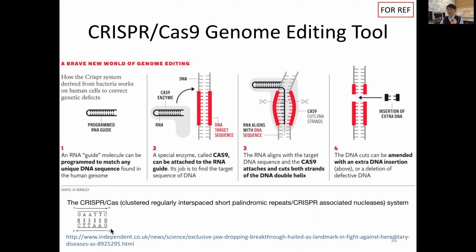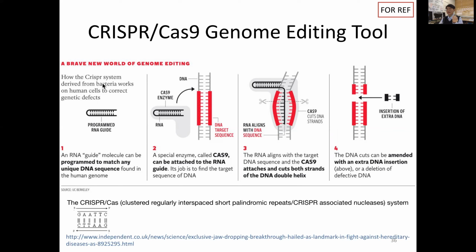As an example of palindromic, one side reads GAATTC from the 5 prime, and on the other side GAATTC reads the same. And Cas9 is a CRISPR-associated nuclease. A nuclease is an enzyme that cleaves the chains of nucleotides in nucleic acid into small units.